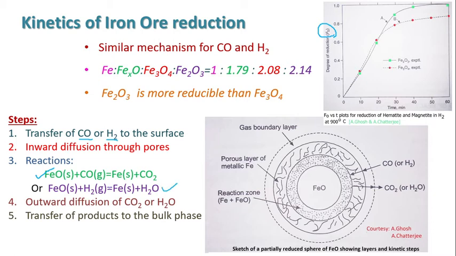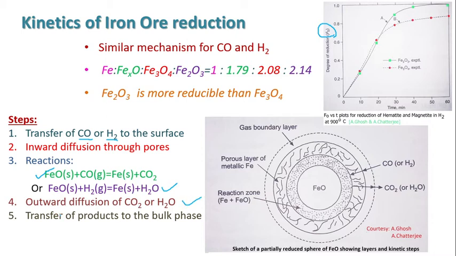So either or, depending on which case we are talking about, that will be the reaction. Fourth one, the outward diffusion of product gas. That means either CO2 in case of carbothermal reduction, or H2O, that means the steam, in case of reduction by hydrogen. It's outward diffusion. Fourth step.